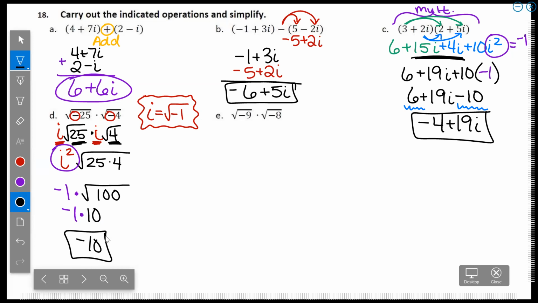For part E, I'm going to walk through it in almost exactly the same way. I see these negatives underneath the radicals, so I'm going to take those out as i's. So I have i square root of 9 times i square root of 8.